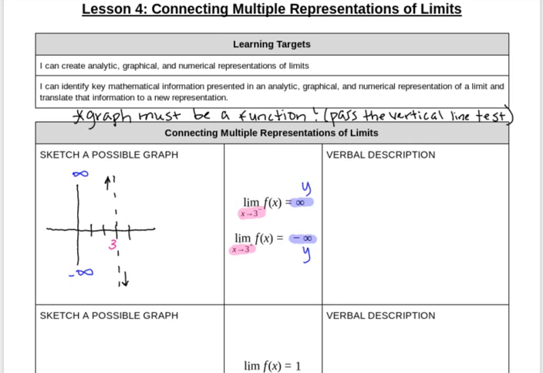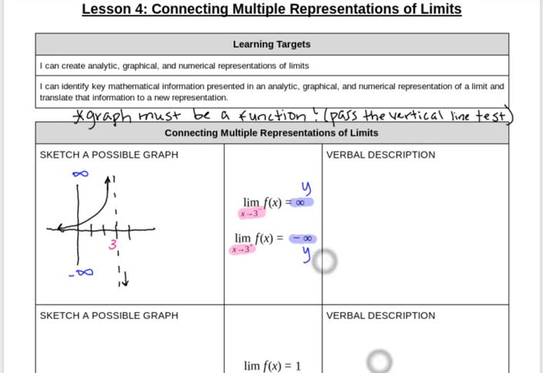Now again, it must be a function and it must follow this limit that we were given. Other than that, you've got some freedom here. All right, so I think what I'm going to do is let this come down and make it have a horizontal asymptote at 0. So I'm going to say that it approaches like that.